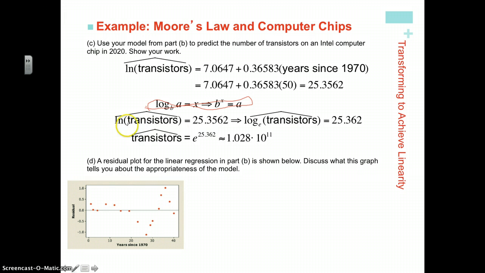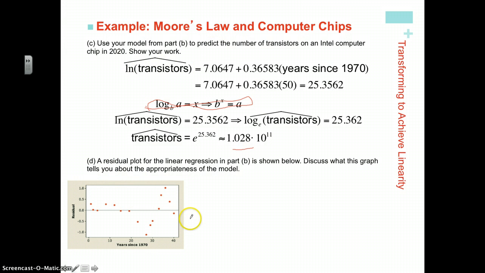This is a natural log, so we're going to do e to the 25.362, which is approximately 1.28 times 10 to the 11th transistors. This is what you're predicting, not the 25.362, because that's just the natural log of that.